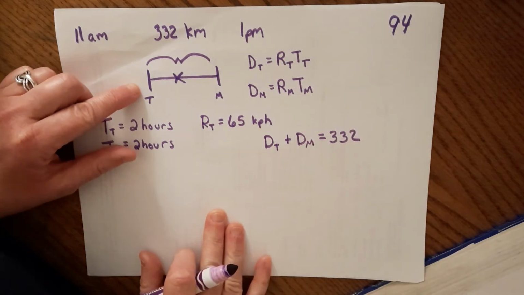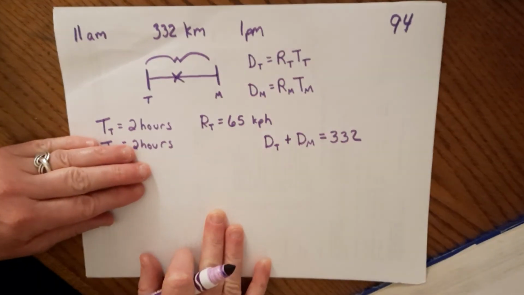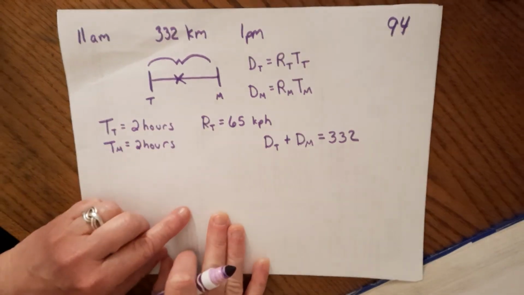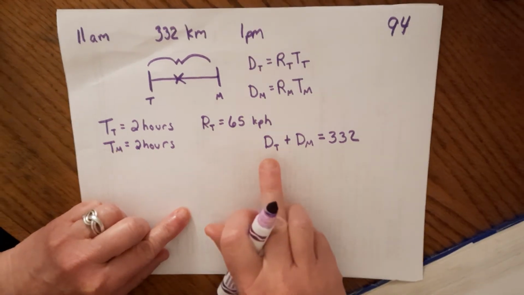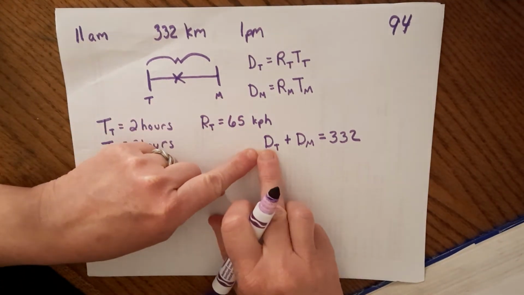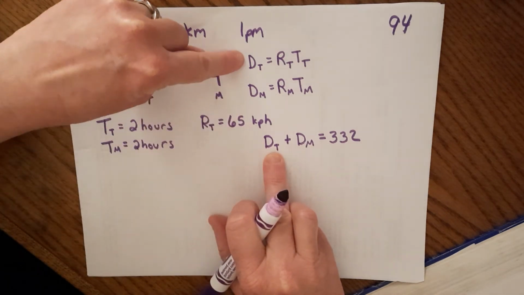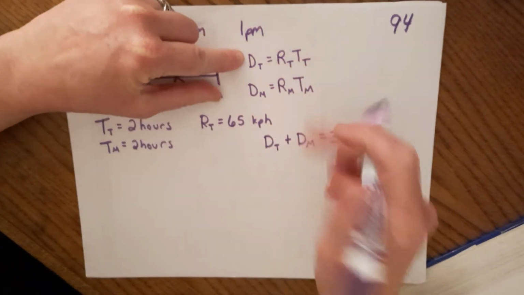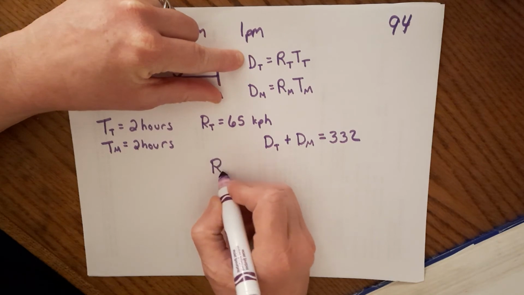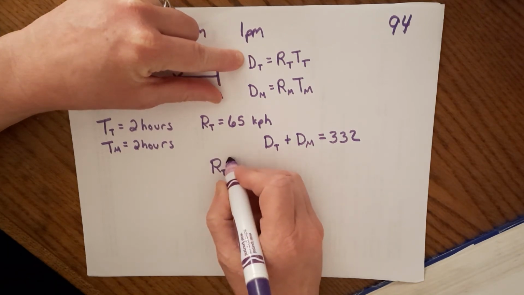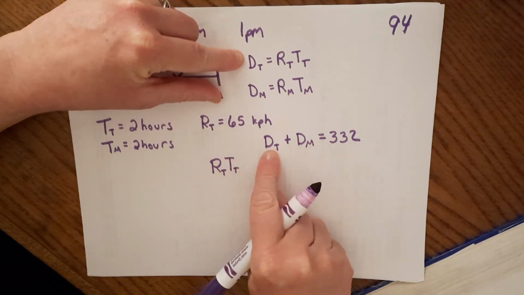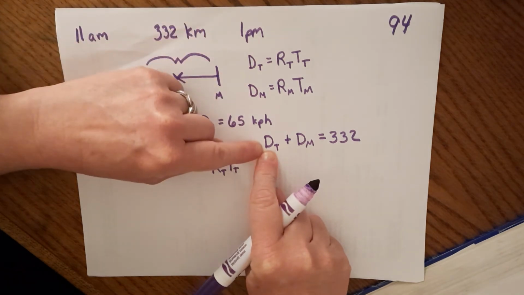All right, so now we have all the information we need to put this together. Well, how do we do that? Well, we're going to take and rewrite the distance of Toledo. Since it's equal to RT times TT, we're going to write it like that. The rate of the train of Toledo times the time of the Toledo train is substituted in for this DT.